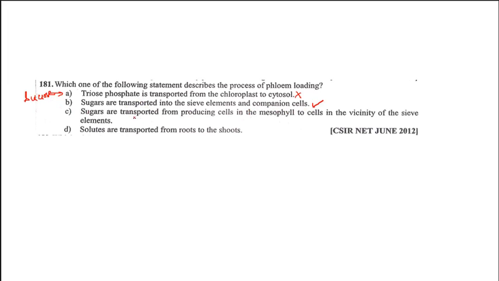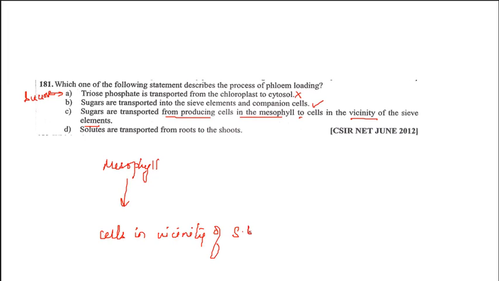Sugars are transported from producing cells in the mesophyll to cells in the vicinity of the sieve tube elements. Understand the question properly. Are they transported to the cells in the vicinity of the sieve element, or to the sieve element only? Phloem loading means sugars are transported from the source to the sieve element.